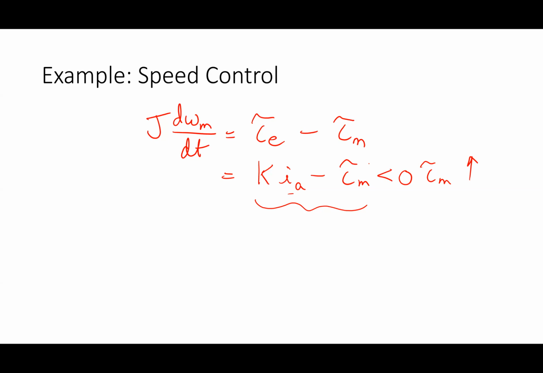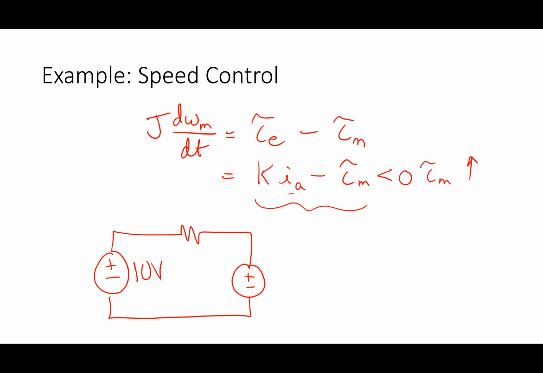So IA does go up, but how do I see IA go up? If I think about the circuit model, here's my 10 volts. This is exactly like me grabbing the shaft on the machine. Initially, let's say he's spinning at that 914 RPM, and then I grab the shaft.